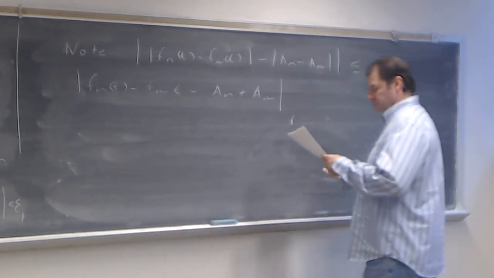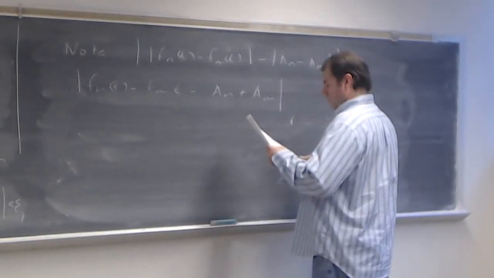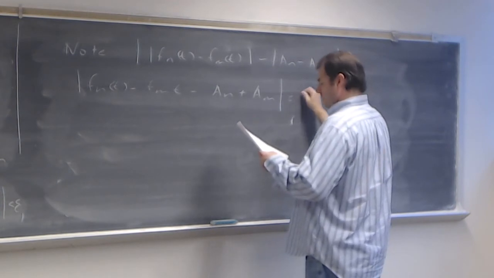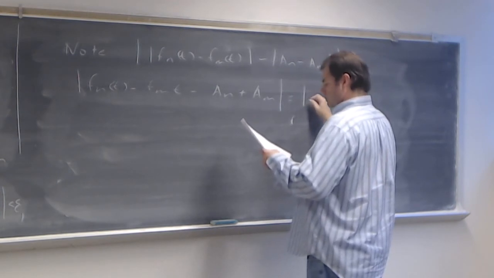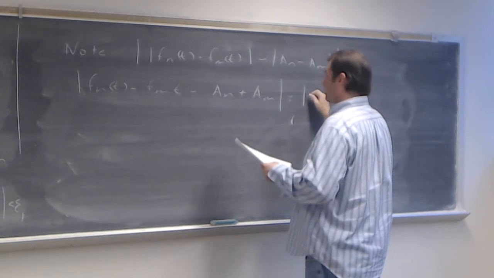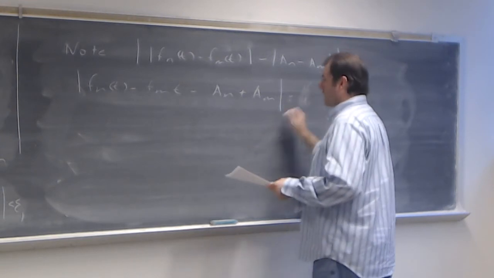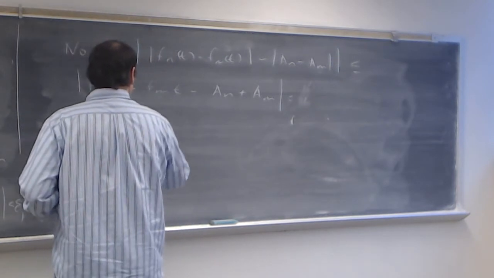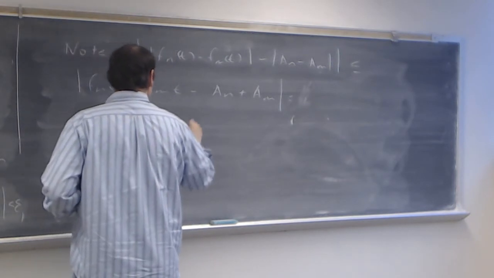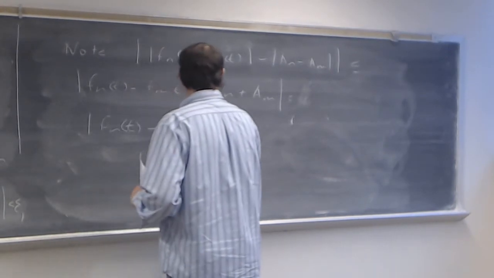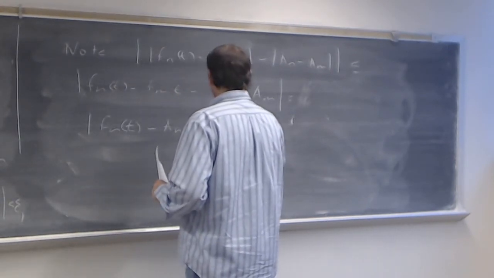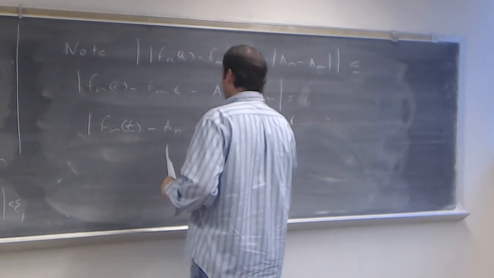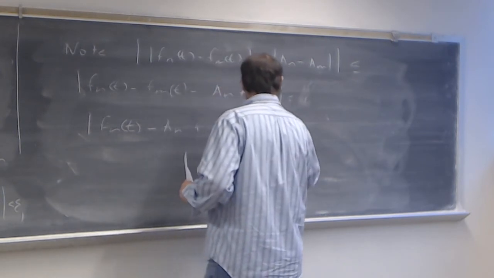And that is going to be rewritten, I'll rearrange these, as the absolute value of f sub n of t minus a sub n plus a sub m minus f sub m of t.